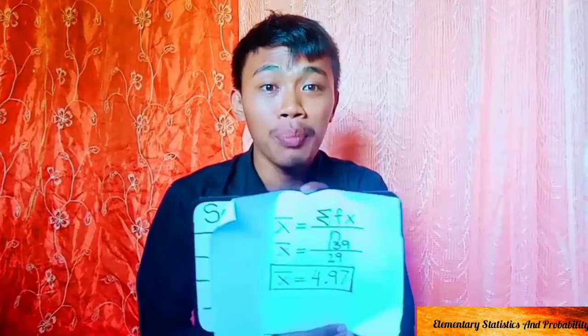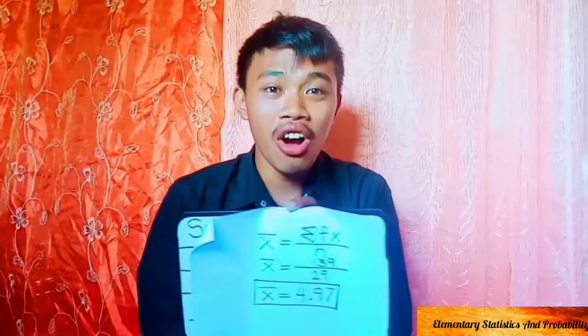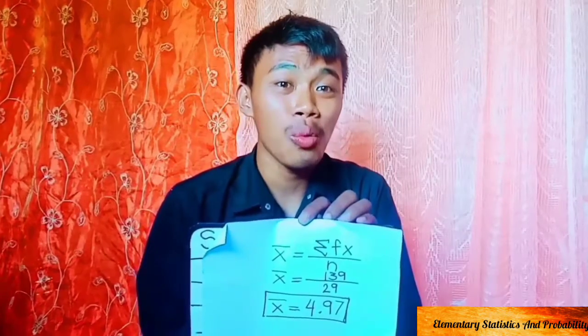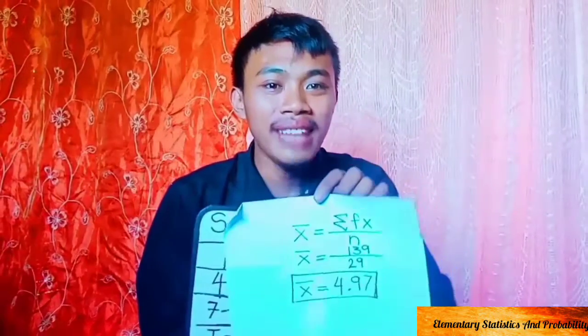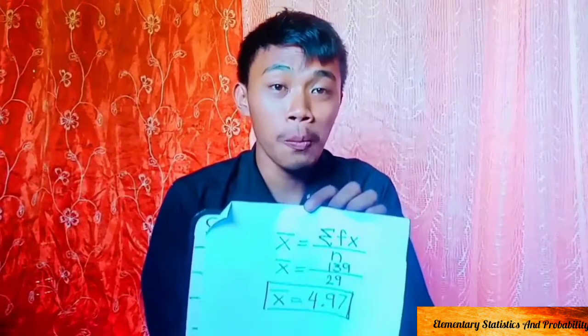So x bar, or mean rather, is equal to 139 over 29. Ang 29 nakuha na naton sa total number sang aton nga frequency. Okay. Then divide naton. So the answer is 4.97.